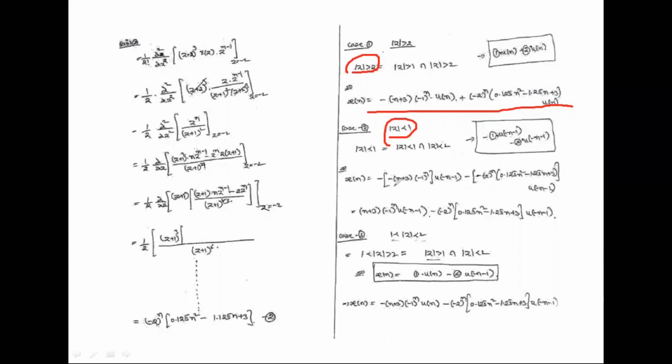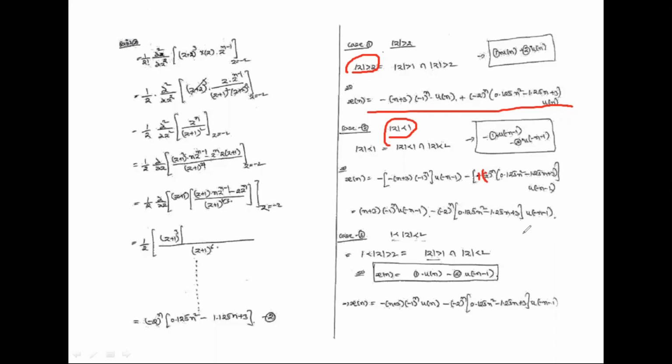Keep the minus in front for both, and minus into minus is a plus here. The value we already have is a plus, and inside there is a minus 2 whole power n. Modify this also. So the first term is a plus and the second term is a minus.